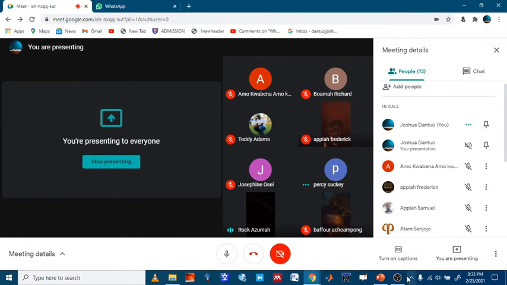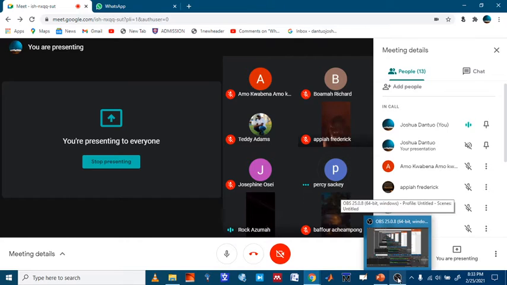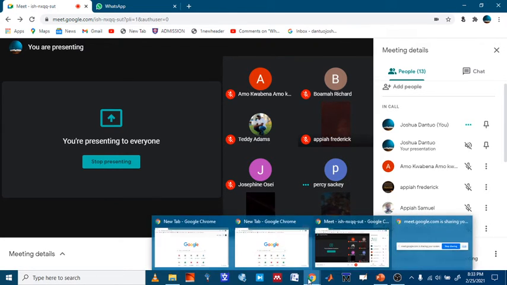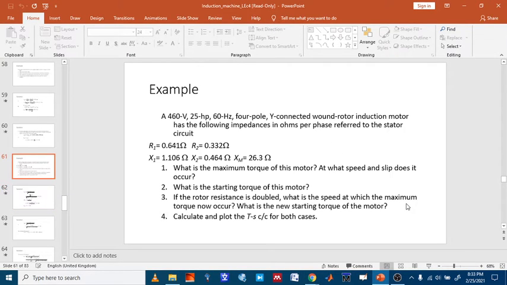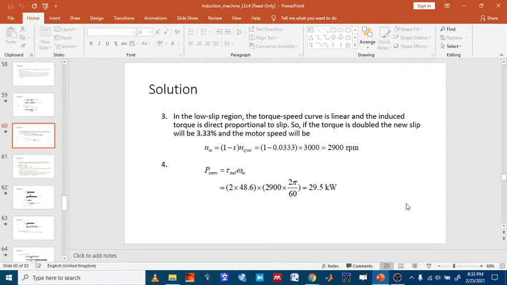Hello, sir. Can you hear me? Yes, sir, I can hear you. You mentioned converting from RPM to radians per second. Is it 2 pi by 60? Yes. This is the rotor speed in RPM, so you convert it into radians per second.